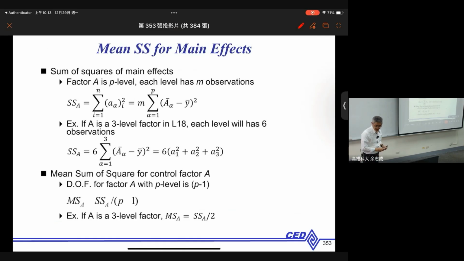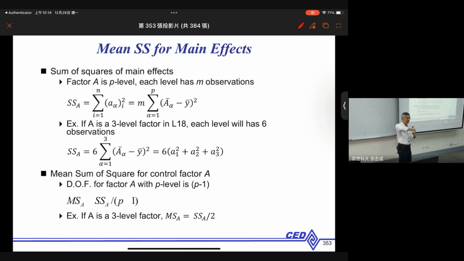So here, let's use an example. We talked about last week that the sum of square for each main effect can be estimated using this equation. As an example of L18, just like our quiz before the class, if your factor has 3 levels, in L18 each level will repeat 6 times, right?